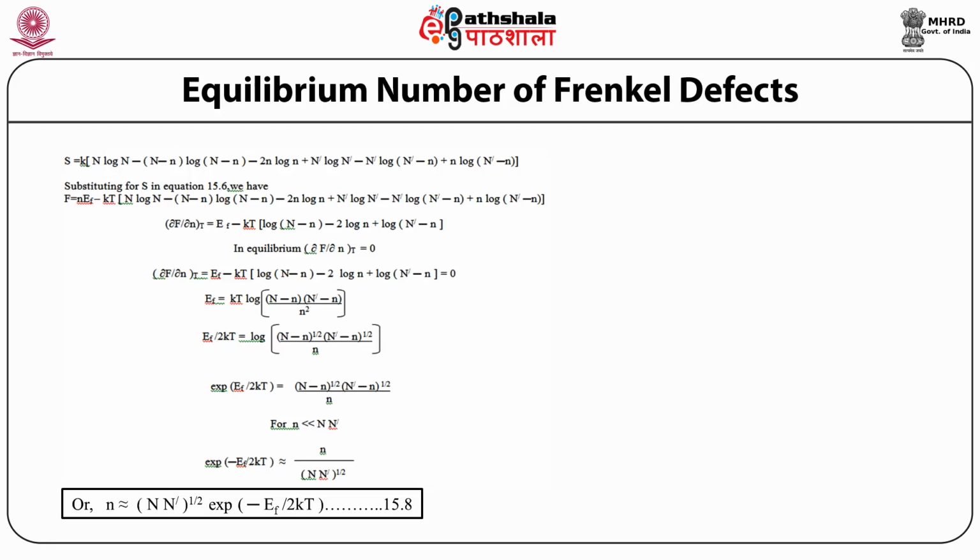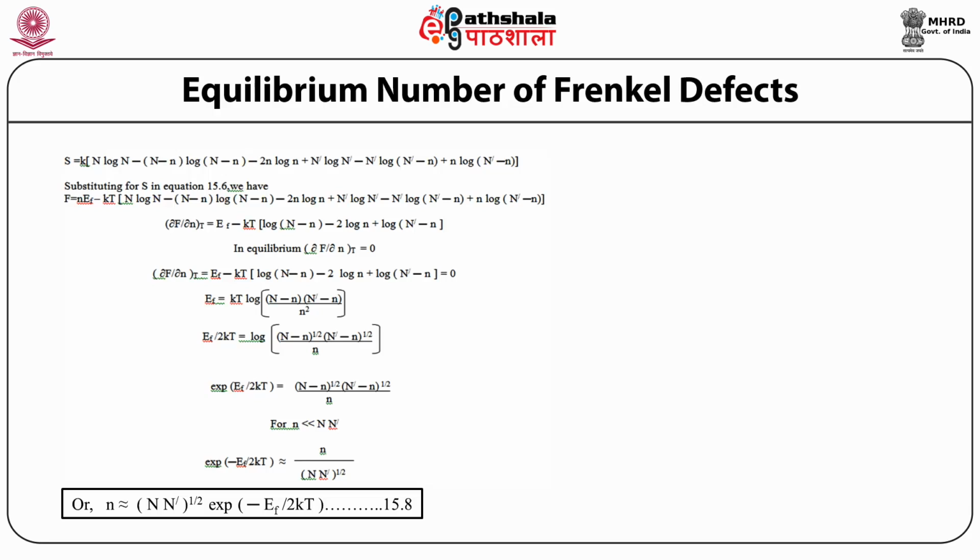Del F by del n at constant temperature T is given by EF minus kT [log (N minus n) minus 2 log n plus log (N prime minus n)]. In equilibrium, del F by del n at constant temperature is equal to 0. Therefore, EF minus kT [log (N minus n) minus 2 log n plus log (N prime minus n)] equals 0.